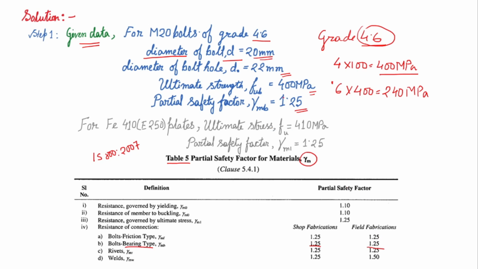So here gamma MB is taken as 1.25. Then for Fe 410 plates, ultimate stress Fu is 410, as the grade of the plate is Fe 410. Then partial safety factor gamma M1, the value of which is also 1.25.